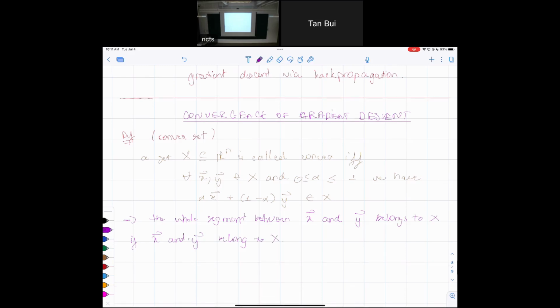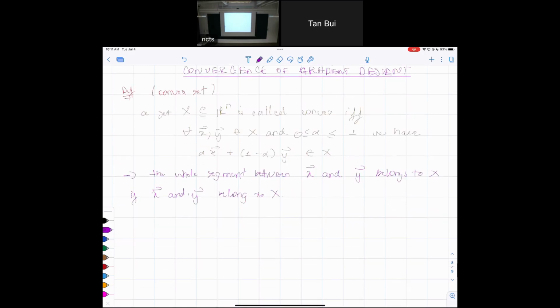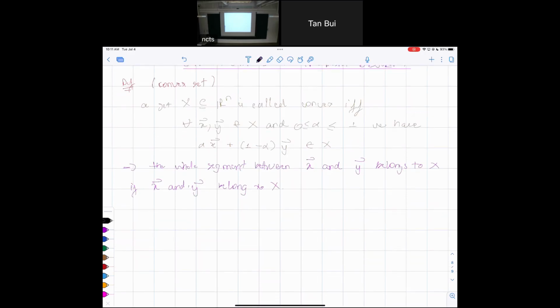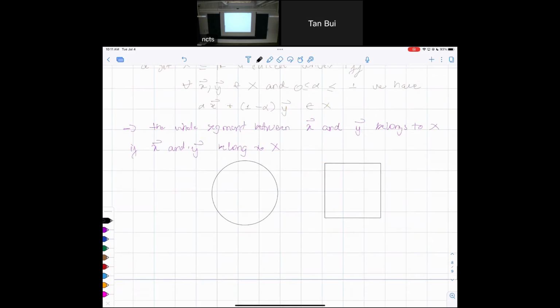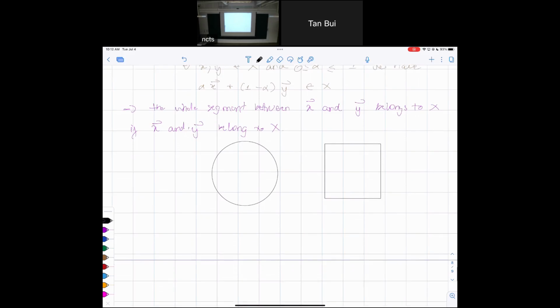Okay, now that's a convex set. For example, a circle is convex, and a square as well, and any convex polygon. So these are convex sets.